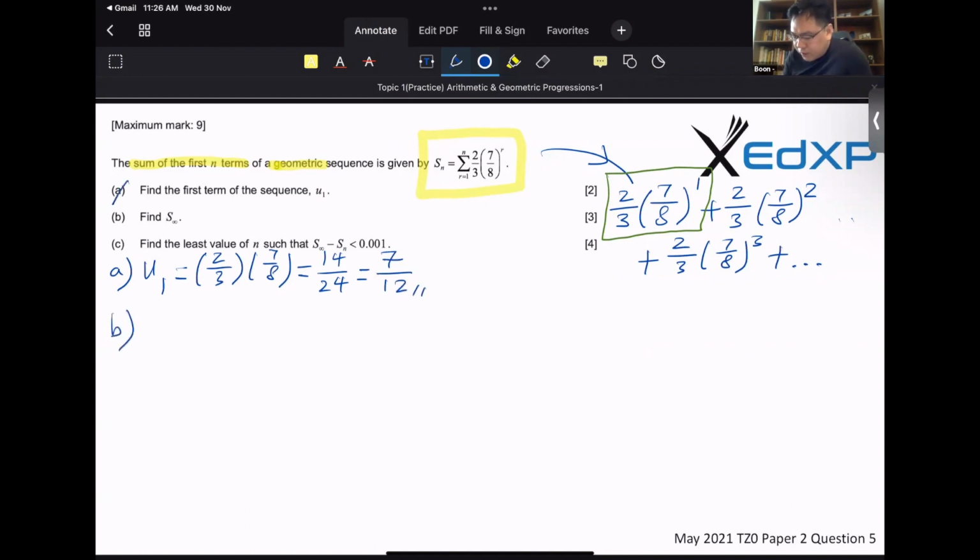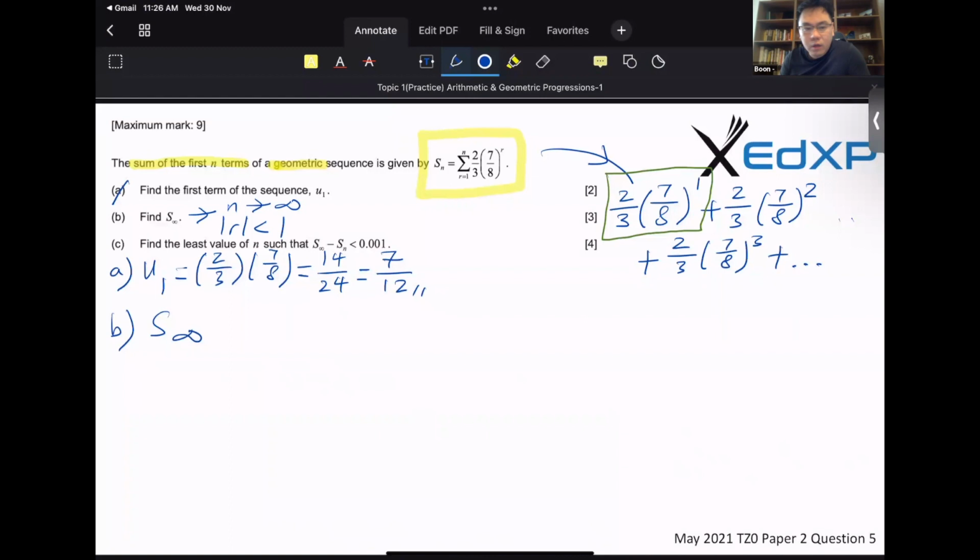Part b, find the sum to infinity. In the IB syllabus, the sum to infinity, we learn it for the geometric sequence, okay? But take note that there are a few criteria. The first one is that n must be large, and the common ratio must be between 1 and -1, or mod r must be less than 1, okay?